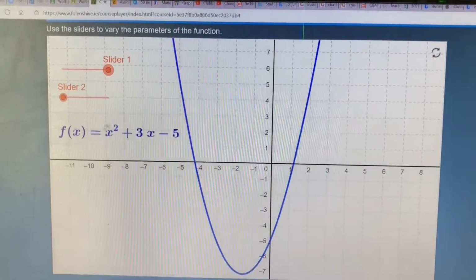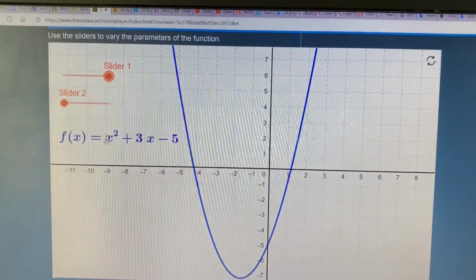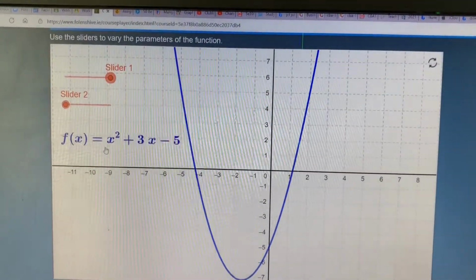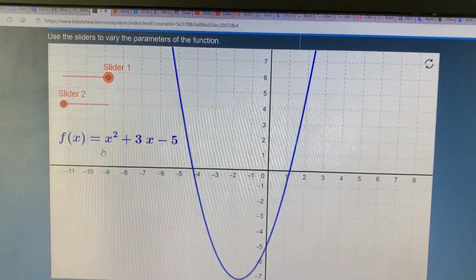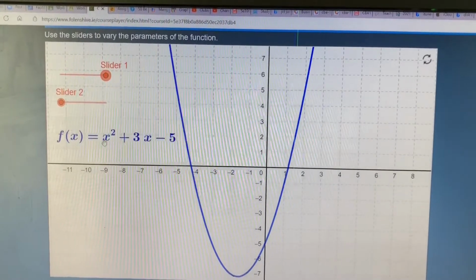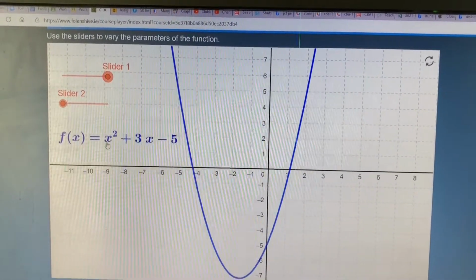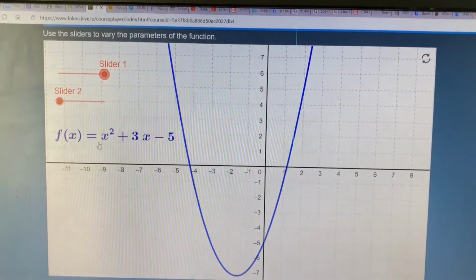Now, this x squared term has a coefficient, a number in front of it that's attached to it. And that number is positive 1. If you can't see a number there, but you can see the letter, that means there's one lot of it. This is one lot of x squared, so it's a positive 1.